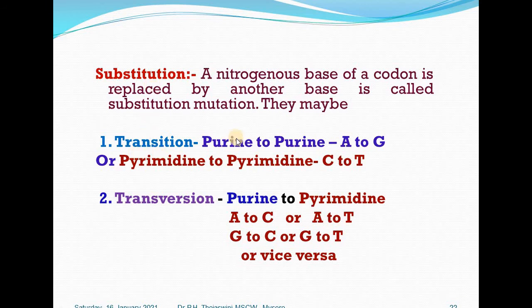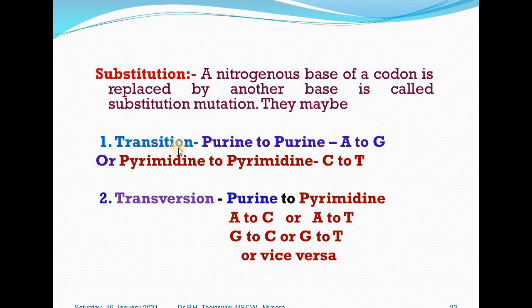In transition, a purine will be replaced by another purine, that is A will be replaced by G or G will be replaced by A. Likewise, a pyrimidine will be replaced by another pyrimidine, that is cytosine will be replaced by thymine or thymine will be replaced by cytosine.